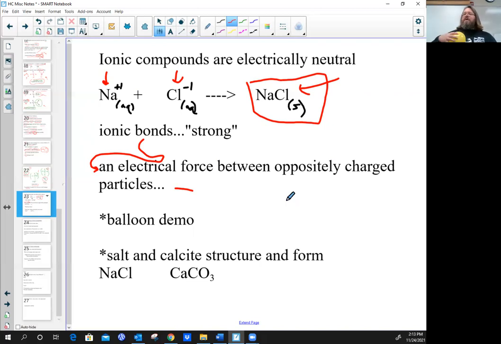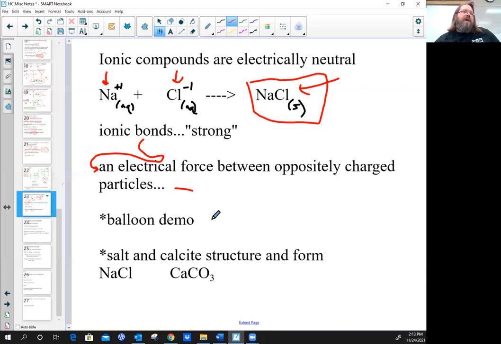The positive charge of the material within my shirt and the negatively charged electrons, they stick to one another. We form this sort of slight attraction between them when we do this. So we've all done that with a balloon before. We've experienced static electricity. It's not a bad sort of analogy to help understand the opposite charge that takes place within ionic compounds, okay?